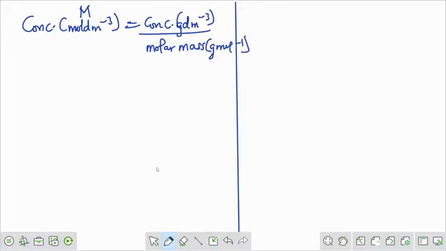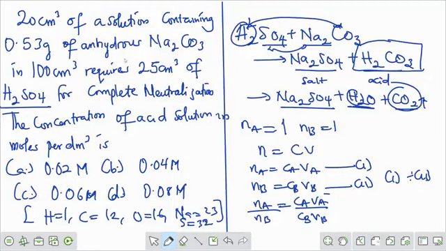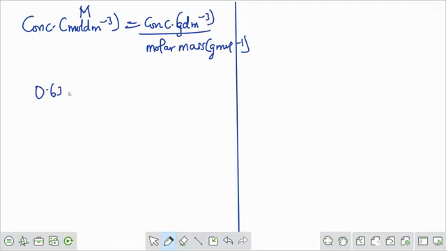Now, the question says 20 cm cube of a solution containing 0.53 gram of anhydrous Na2CO3. Whenever you have a question like this, say they said 0.63 gram in 150 cm cube, you will say 0.63 gram gives you 150 cm cube.